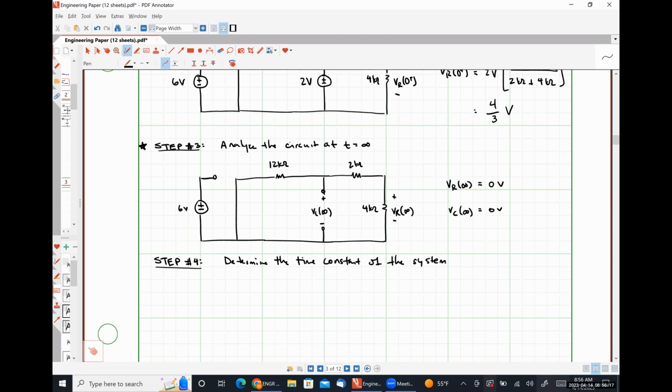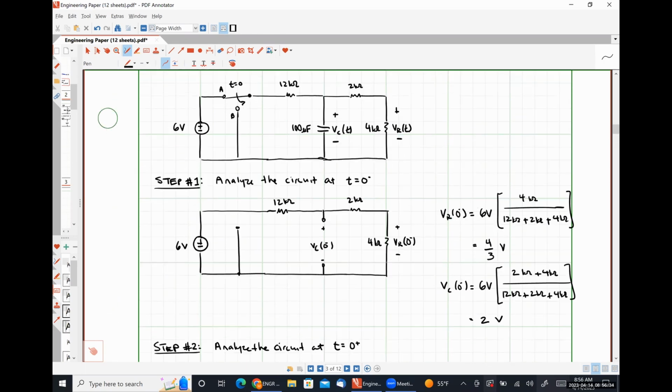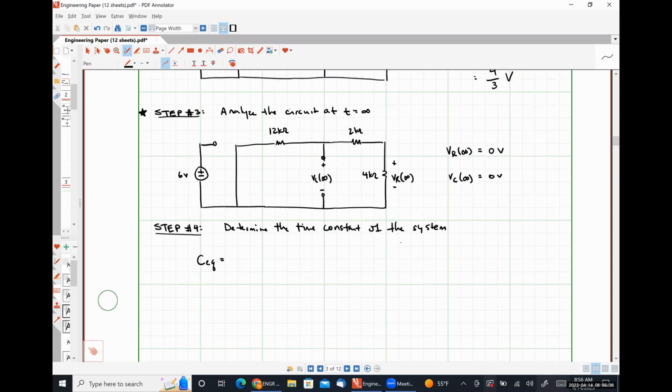Now, I would argue that since there's only one capacitor, figuring out the equivalent capacitance is going to be pretty darn easy here, right? It has to be whatever I wrote way at the beginning. So I firmly believe that our equivalent capacitance is 100 microfarads by inspection, because it literally couldn't be anything else.